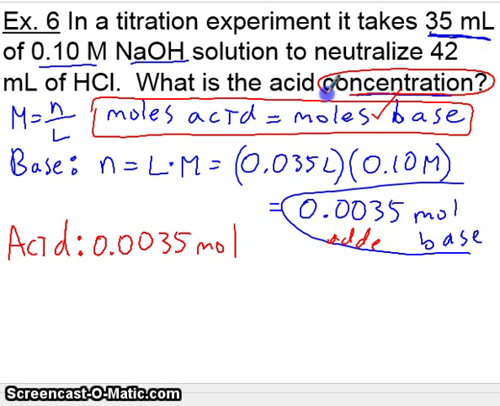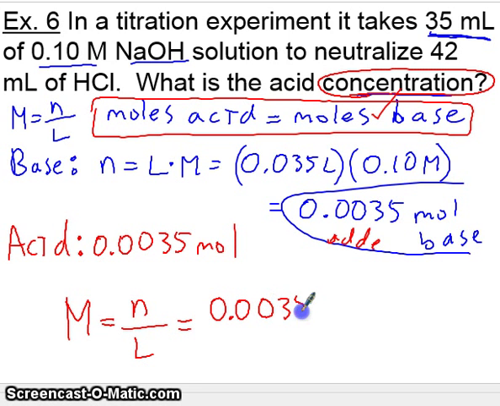Well, concentration is simply molarity. Molarity, again, is moles per liter. So your moles is 0.0035. Your liters is a good question. The 42 milliliters of HCl would be the liters, except we would have to divide by 1,000 again to get to liters, so this would be 0.042 liters.